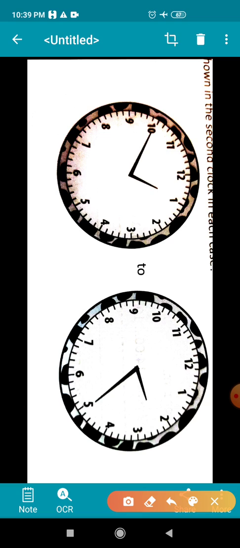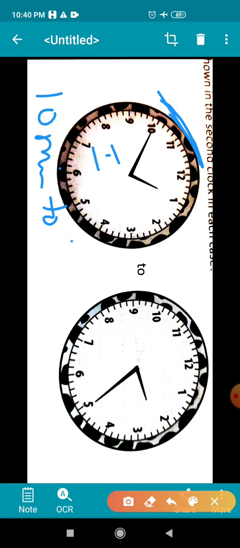Children, here in this clock, what is the time? 10 minutes left to 1. It means 10 minutes to 1. And the time in this second clock: the small needle is on 2 and the big needle is on 5, means 5 fives are 25, 2:25.